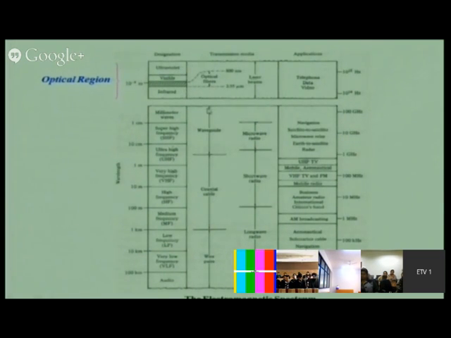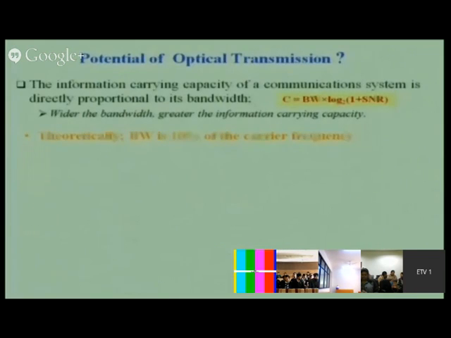If you look at the frequency part, radio waves work in the kilohertz frequency, microwaves work in the area of maybe 1 to 10 gigahertz, and then the optical frequency works in the area of terahertz, 10 to the power 14 to 15 hertz. So very high frequencies.